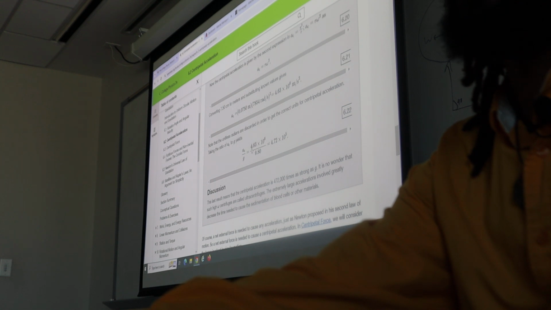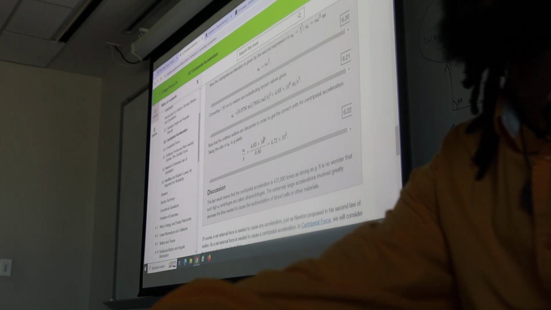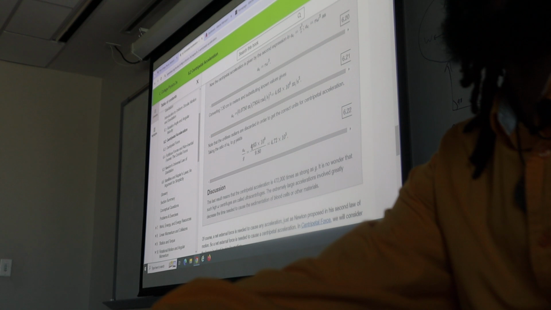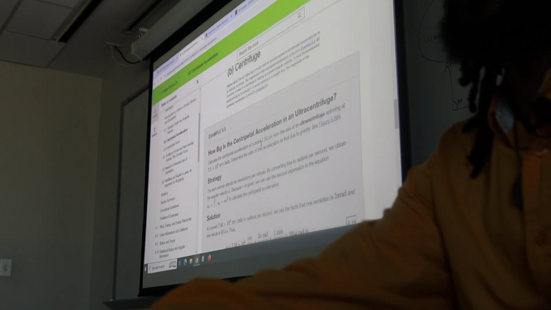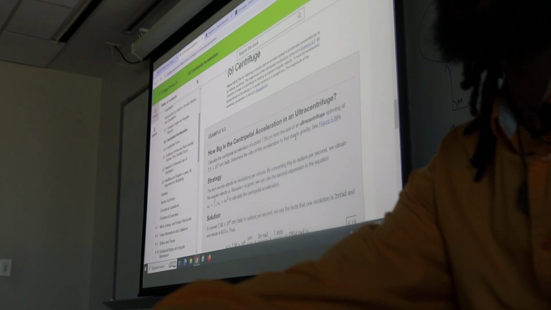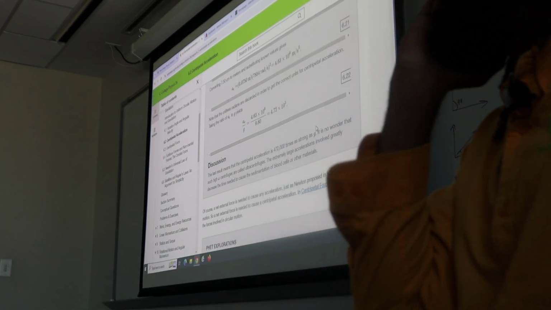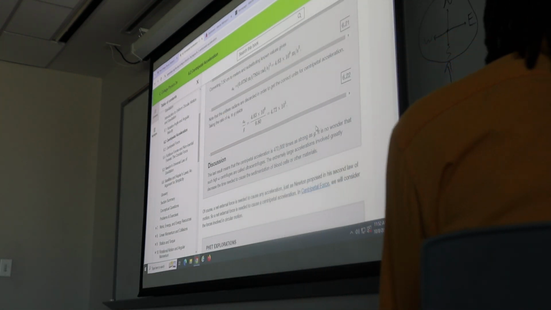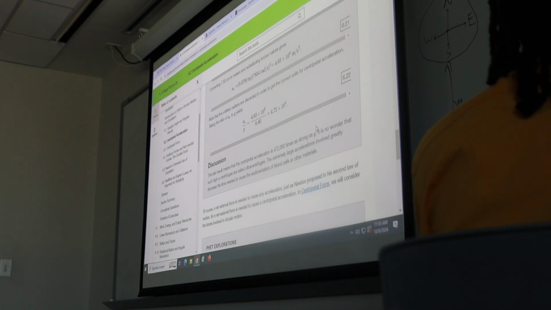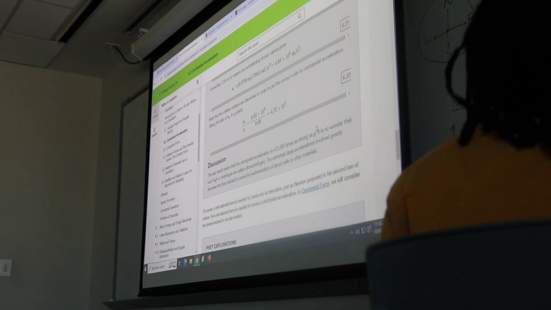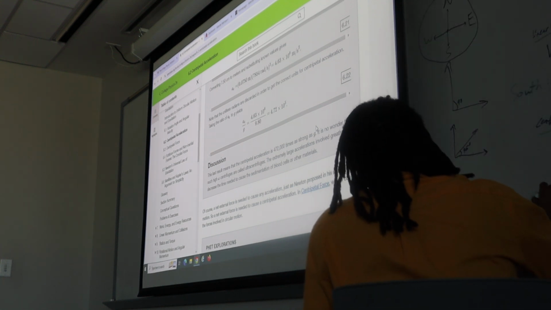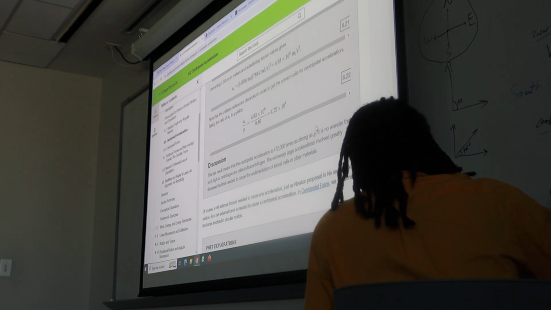A lot of times they'll say, what is the force of gravity? Or, determine the ratio of this acceleration to that due to gravity. So it's a ratio to gravity.